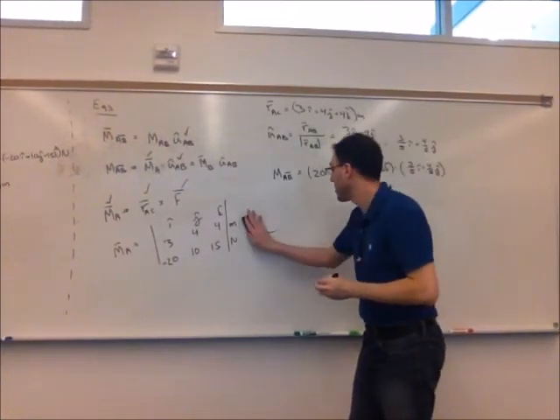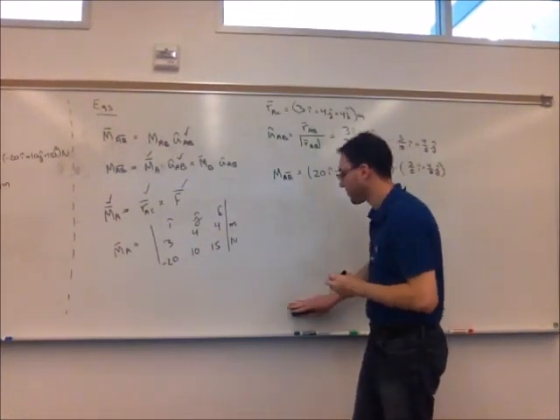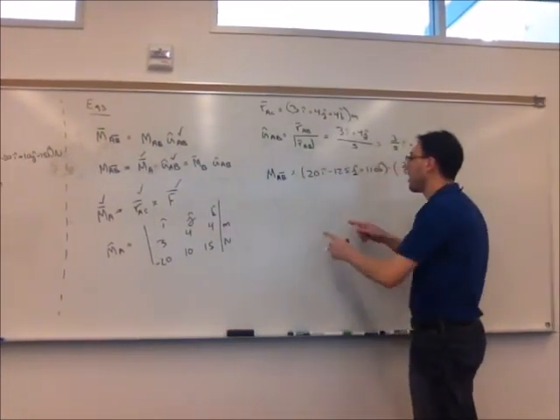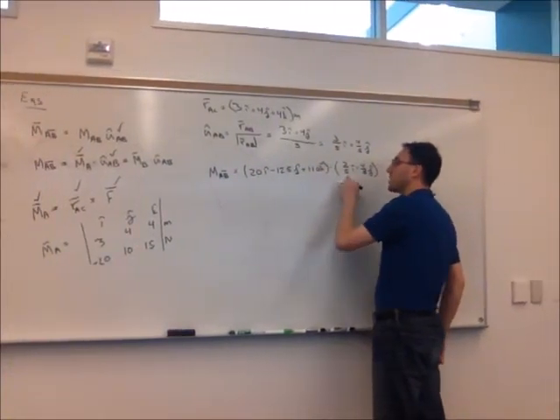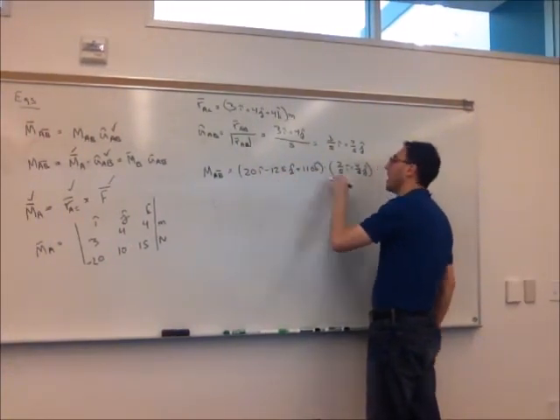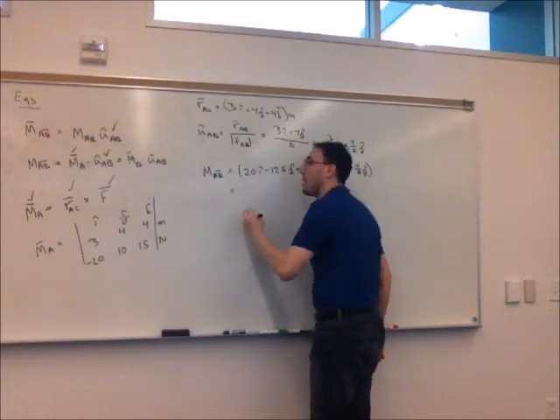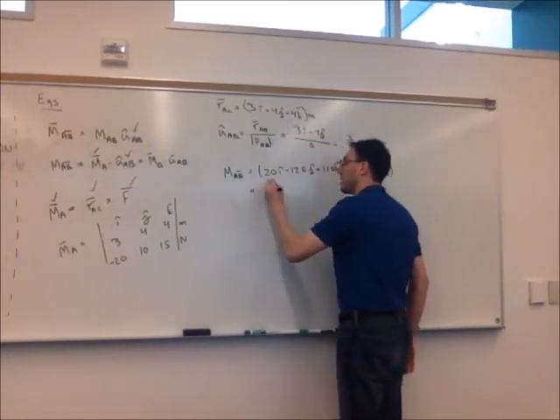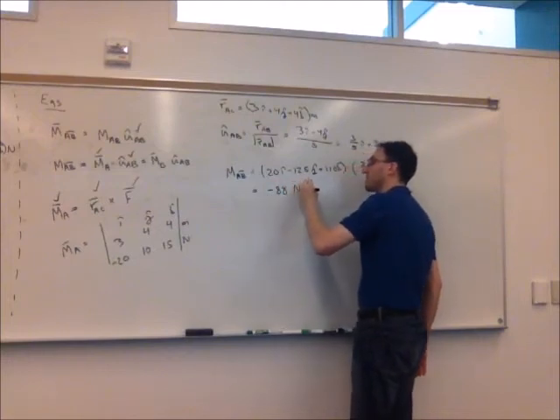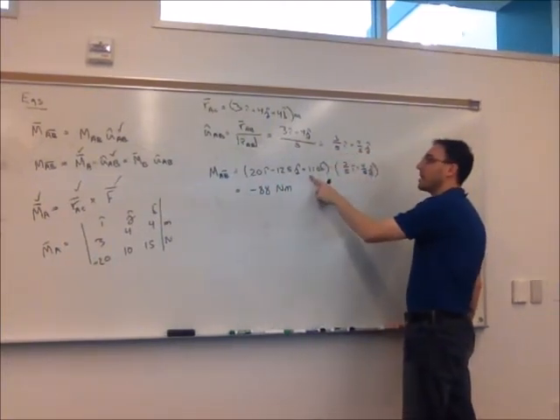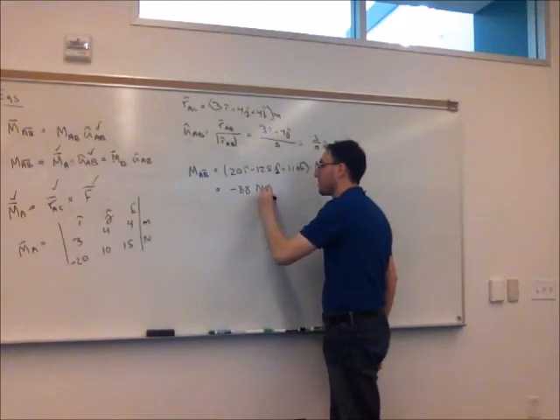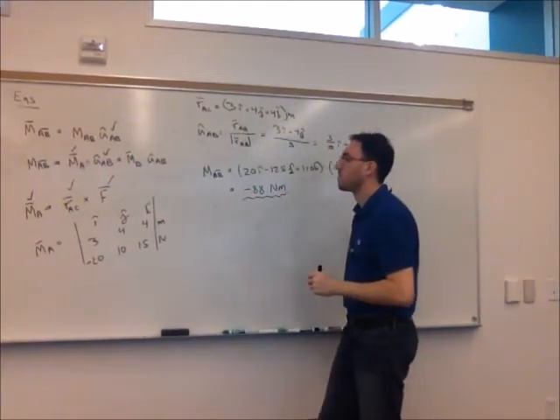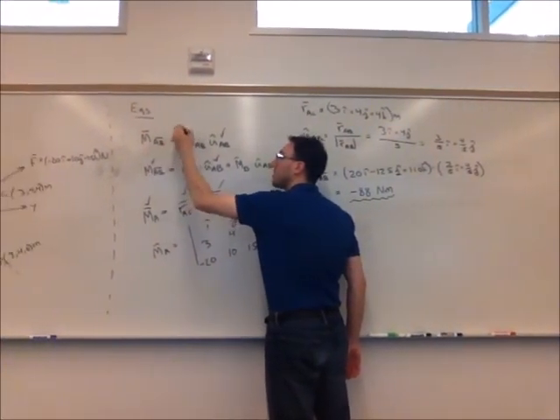Carrying out the dot product with two vectors, 20 times 3/5 minus 125 times 4/5. The magnitude we get out of this is negative 88 newton meters. The unit vector is dimensionless, and this had units of newton meters.